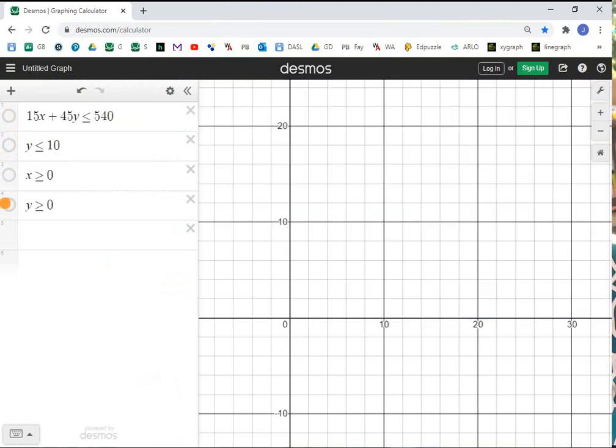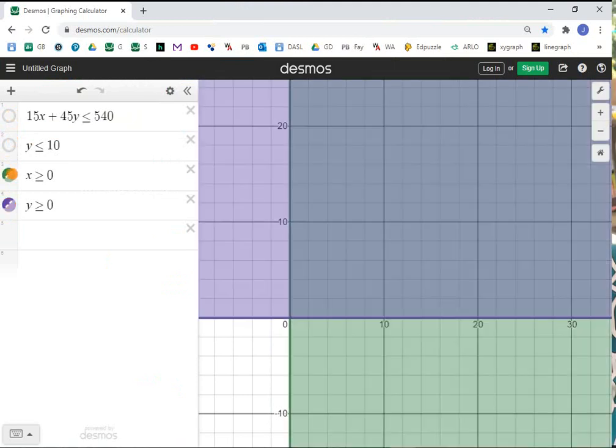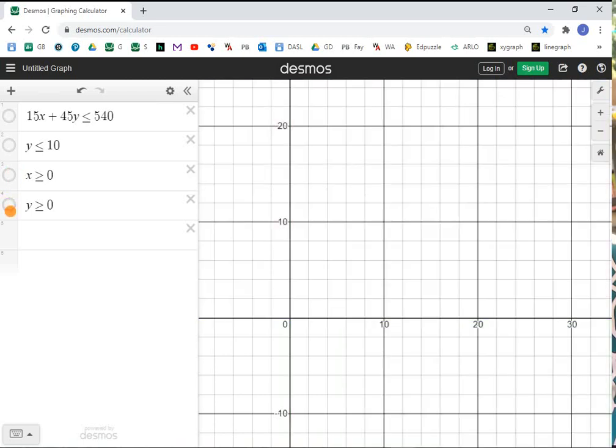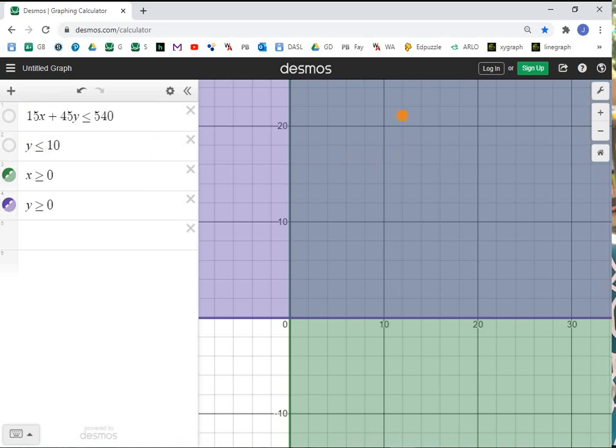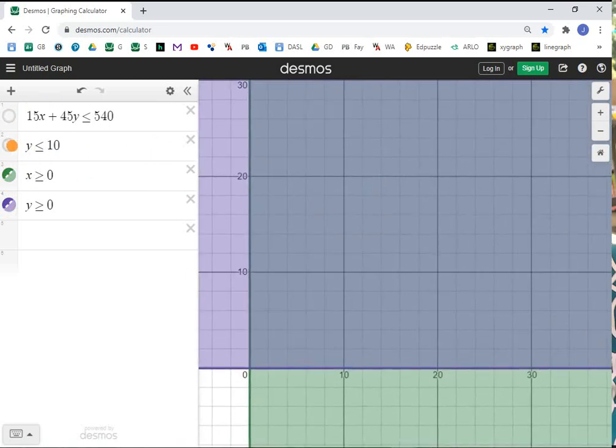Okay. So obviously, the non-negative ones are telling me we're going to intersect in the first quadrant, right? So again, I don't like graphing those right off the bat. I think especially with Desmos, you can't adjust the transparency of the colors, so it gets kind of murky sometimes. But if I put the other one in, now we can see the intersection is kind of this rectangle here, right?